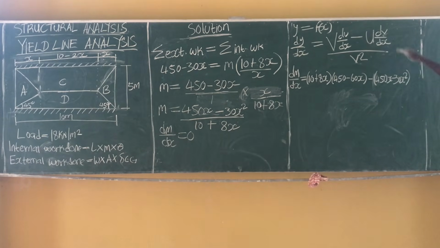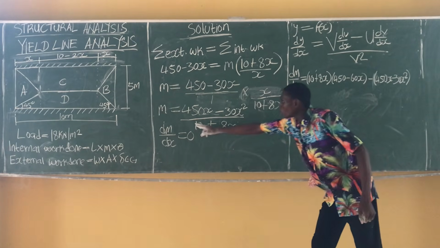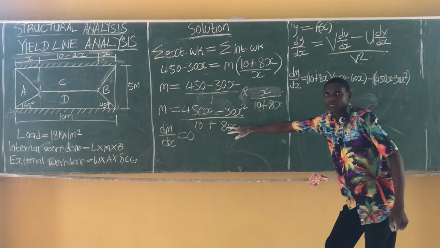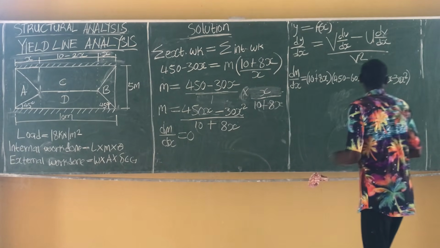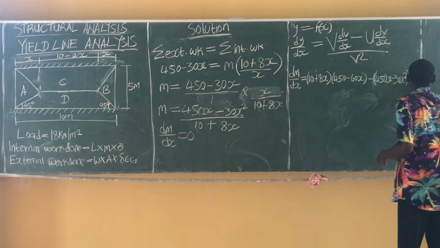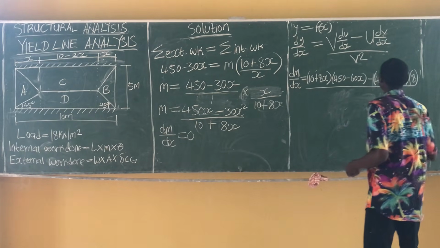Next is the v dx: differentiate the denominator. If we differentiate this, we have 8. There is no x here, so we are only differentiating this portion. So we have multiplied by 8, all divided by v squared.